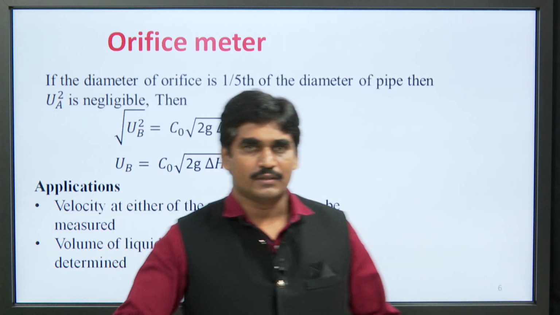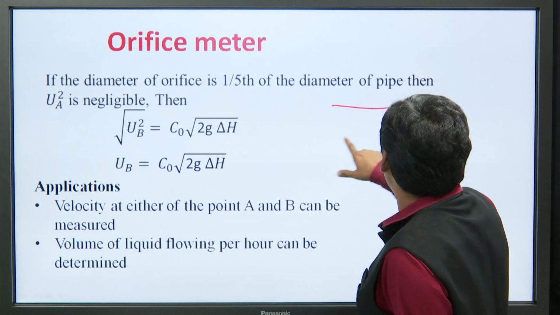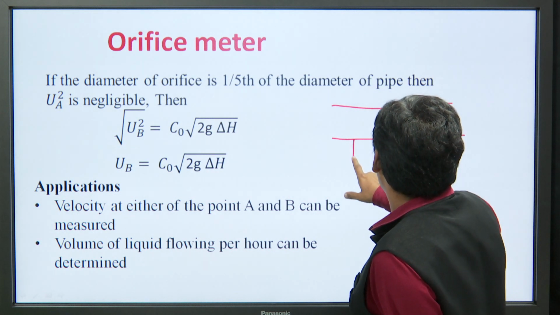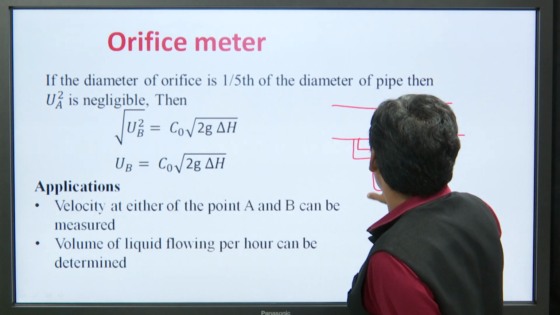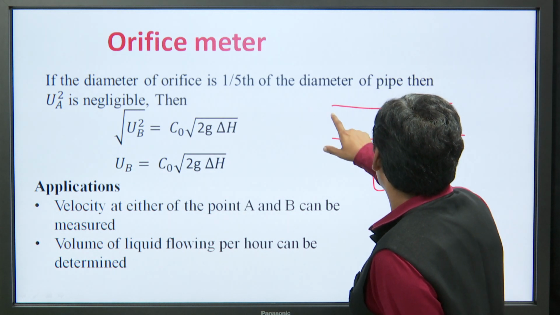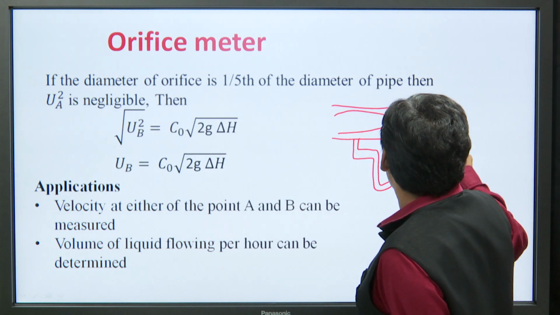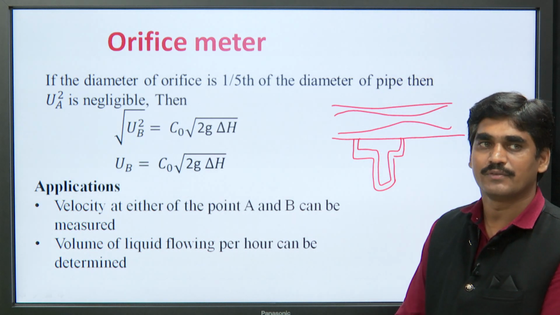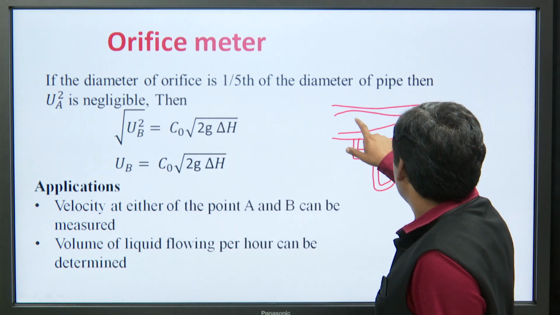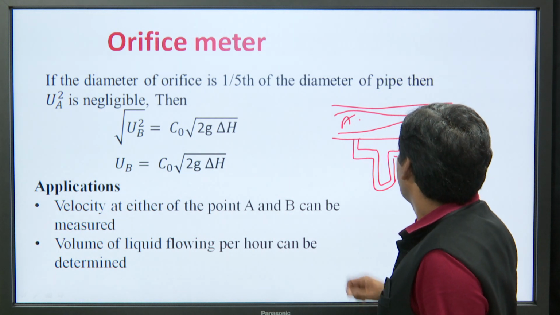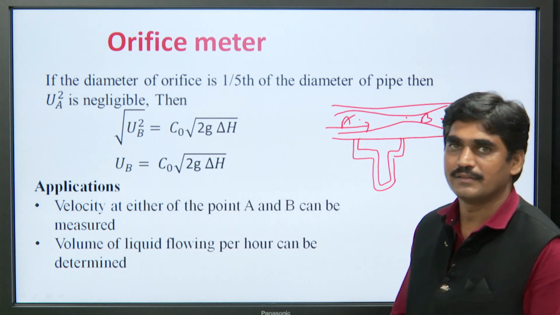Since during the flow, the fluid is passing through this line, a manometer is attached with this, and this type of diagram was there for the orifice meter. So, this was the point B, this was the point A. Fluid was flowing through this point and the outlet was this side.